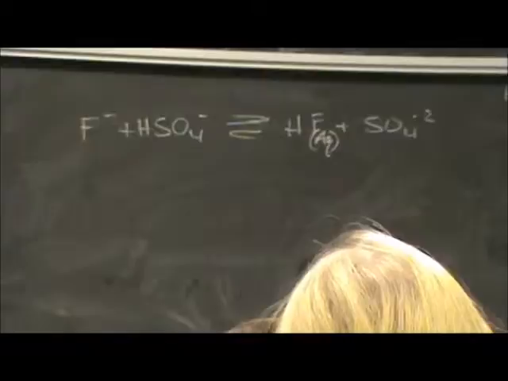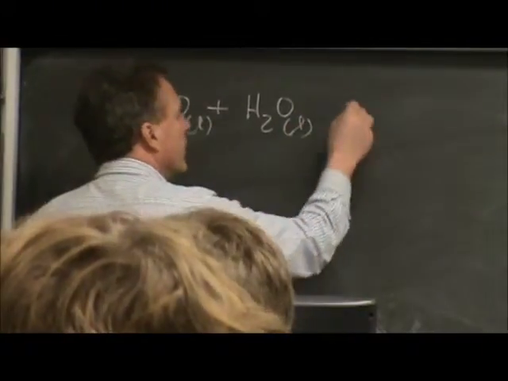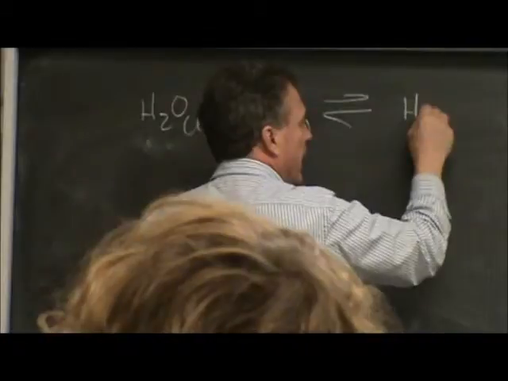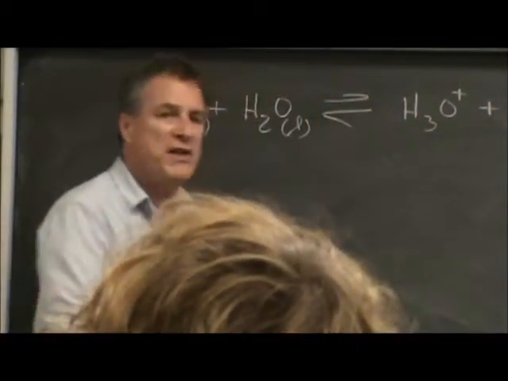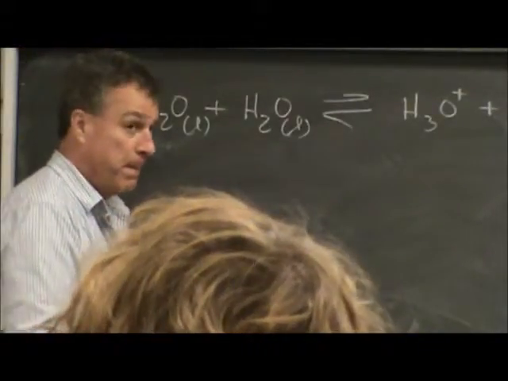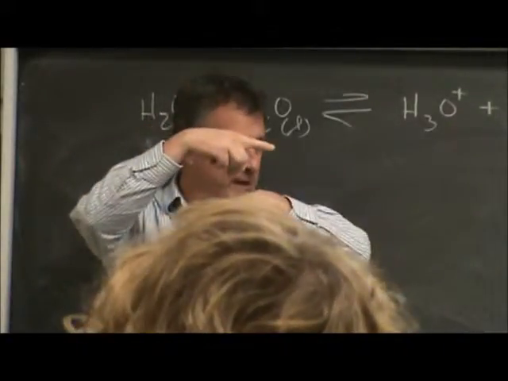Sorry, back to where I was. I wanted to make sure I had got that point in. The two water molecules will compete with one another for their hydrogen ions and form hydronium ions and hydroxide ions to a small extent. That is to say, a few of these will form before we have equilibrium established.